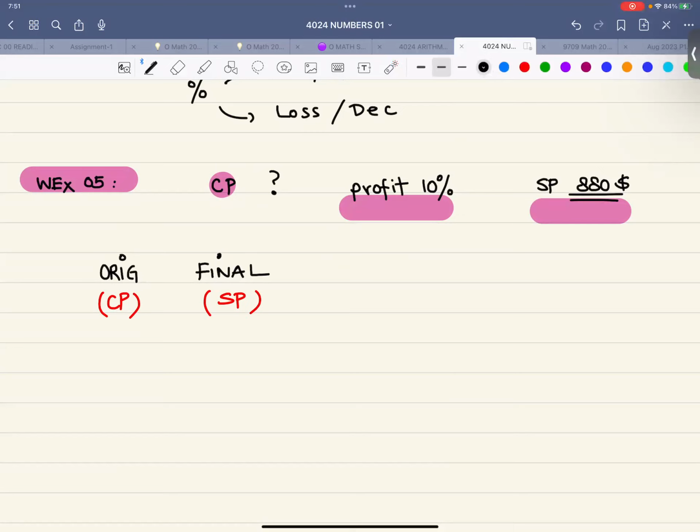First of all, a 100 value, because of this profit of 10%, will become 110. This time the original cost price is unknown. Let's call it W. And the final price is $880. So let's cross multiply.